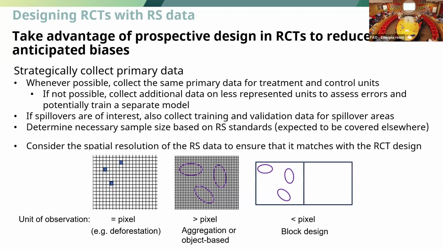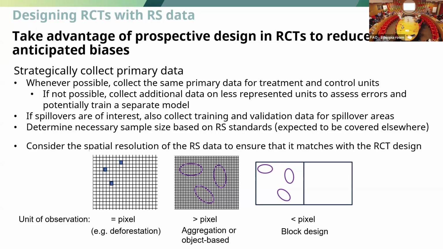So in these cases, you might want to think about using a block design and considering treated all of the fields in a pixel. We haven't seen many examples of this, but I would like to see more because I think using a block design can be very helpful.